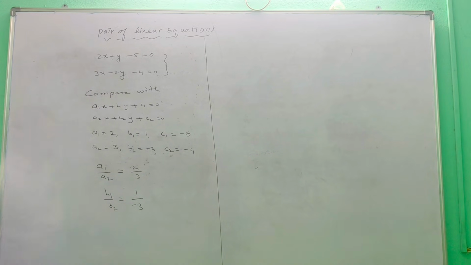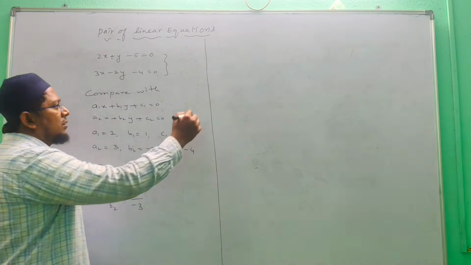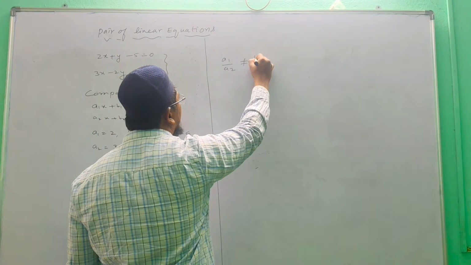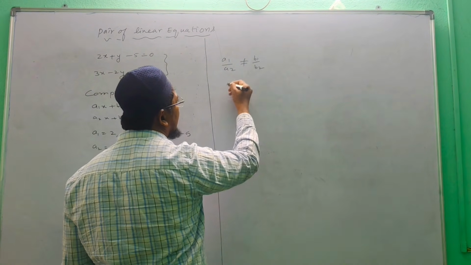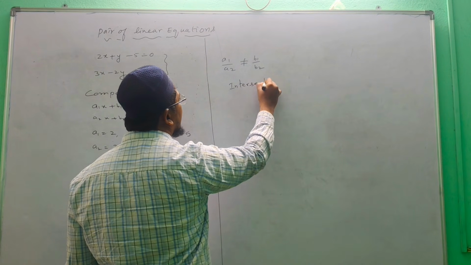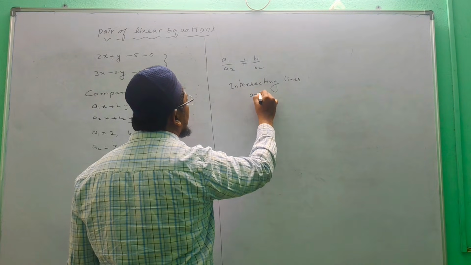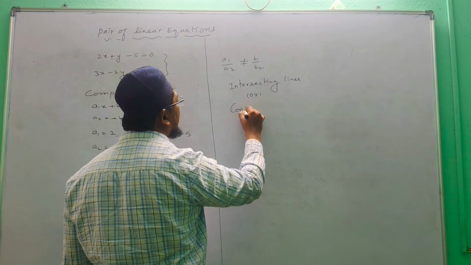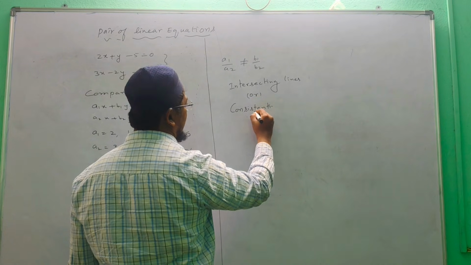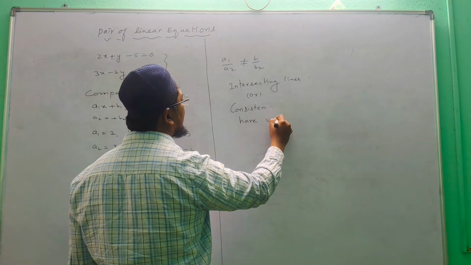Clearly we say that a1 upon a2 not equal to b1 upon b2. The condition is intersecting lines or consistent, have unique solution.